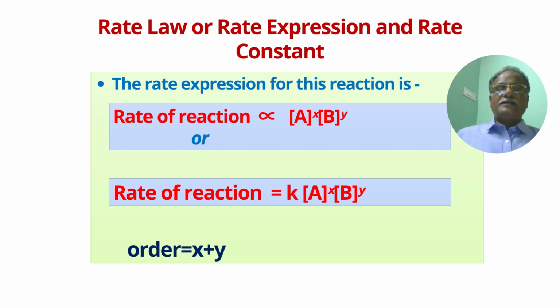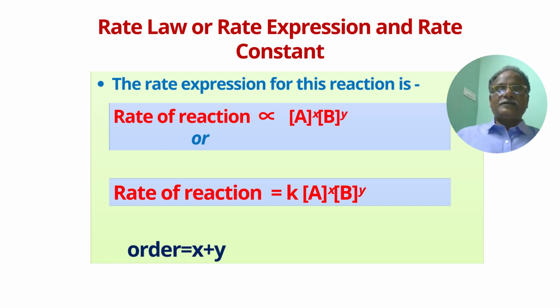Rate of reaction is equal to K into the product of concentrations of reactants powered by the number of moles. Here K is to be considered as rate constant.